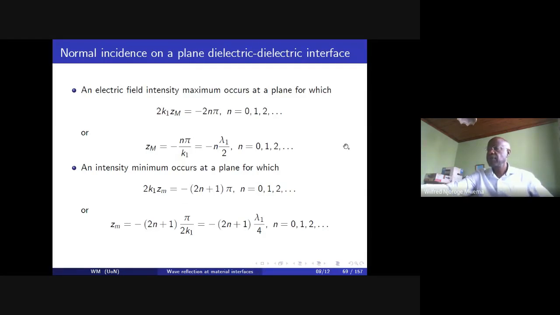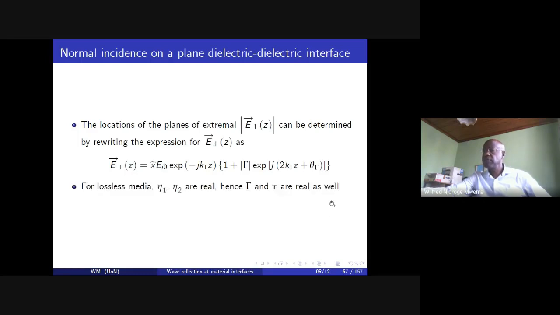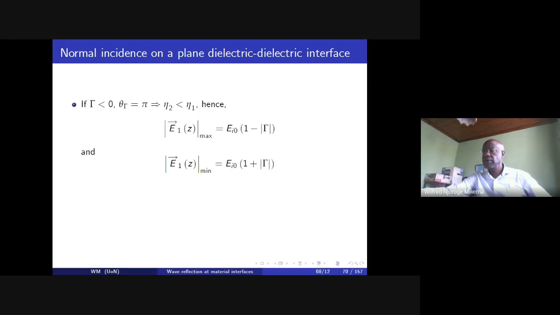Let me go up a bit. If we have theta gamma equal to 0, then twice k1z will be the cosine of an odd multiple of pi, therefore making it negative, and making this one a smaller value at those planes that we have shown down below.